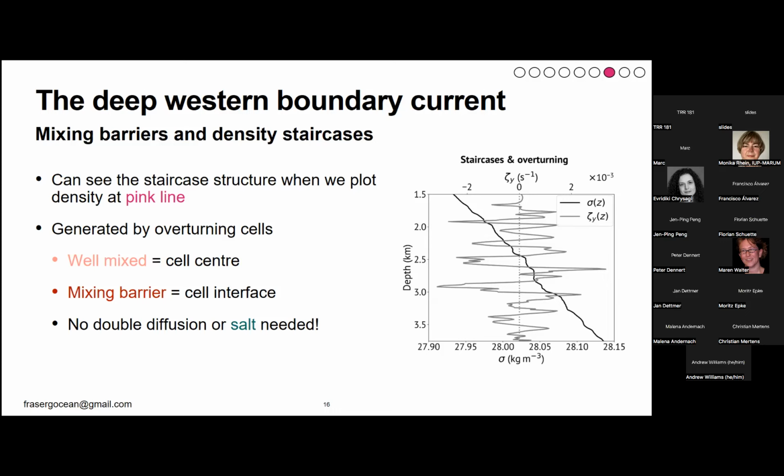Okay. But we're pretty sure that this overturning is coming first, because this overturning is being generated by the symmetric instability. So if we've got this background stratification, which is... But there's probably also mixing generated by symmetric instability.